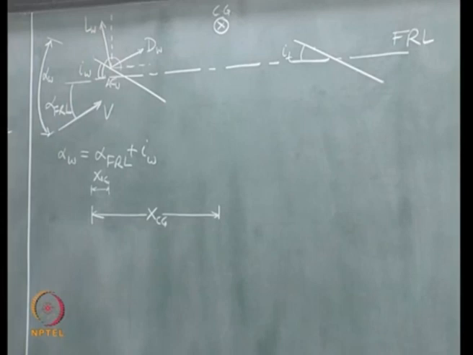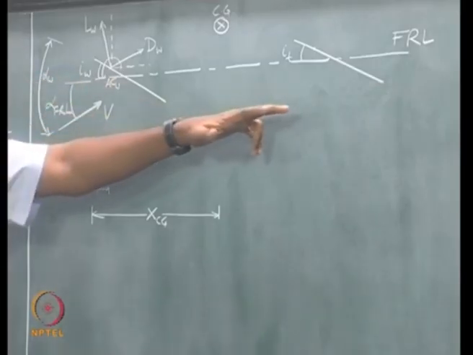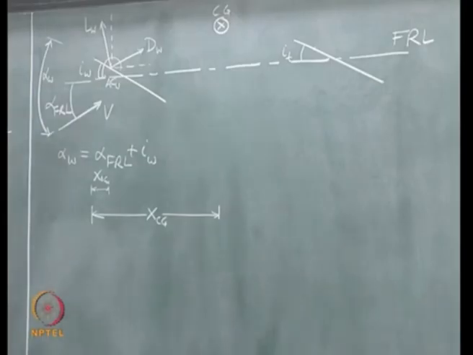That is going to cause a change in angle of attack of the fuselage reference line at the tail, and associated with a change in velocity.